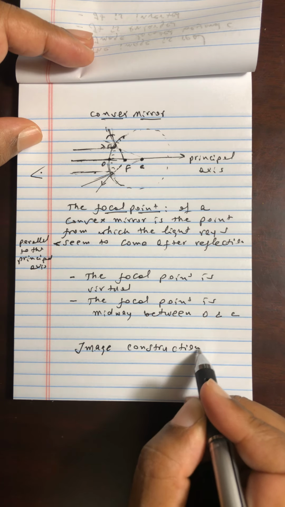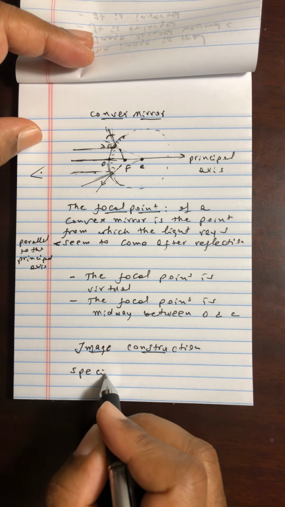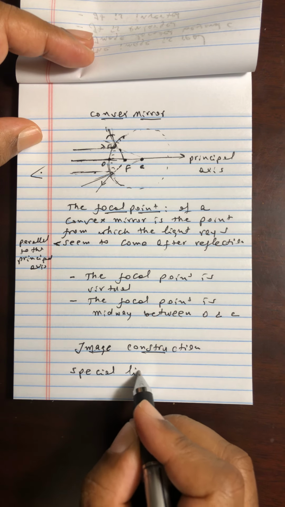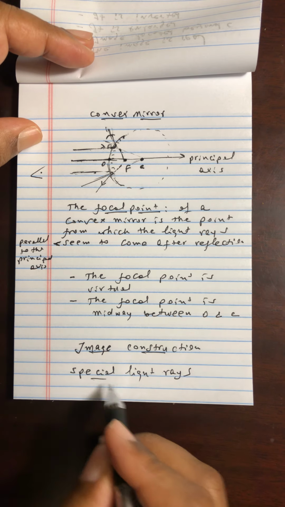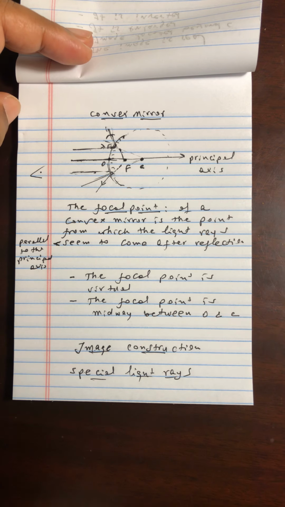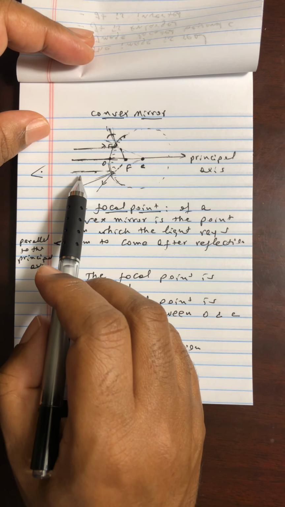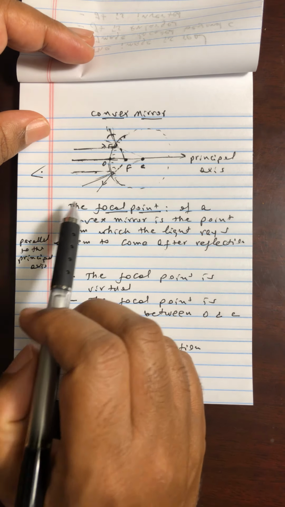There are 3 light rays that can help us construct an image. A couple of them have to do directly with the definition of focal point. So you see, a light ray parallel to the principal axis seems to come from the focal point after reflection.